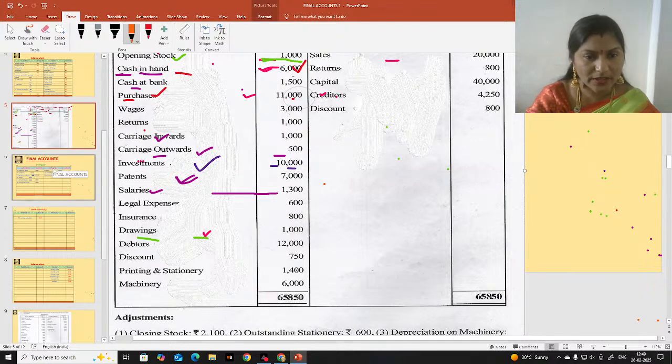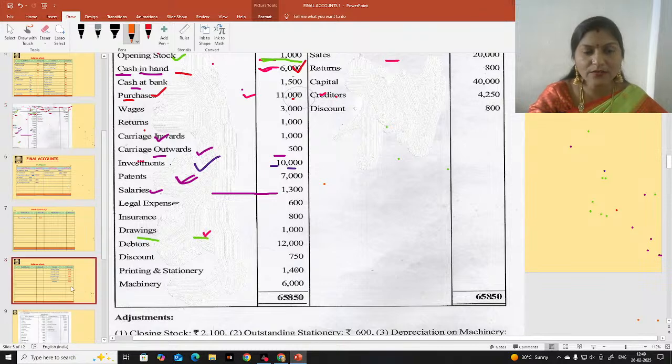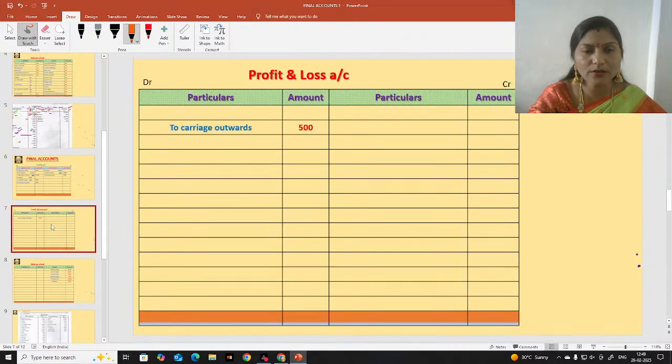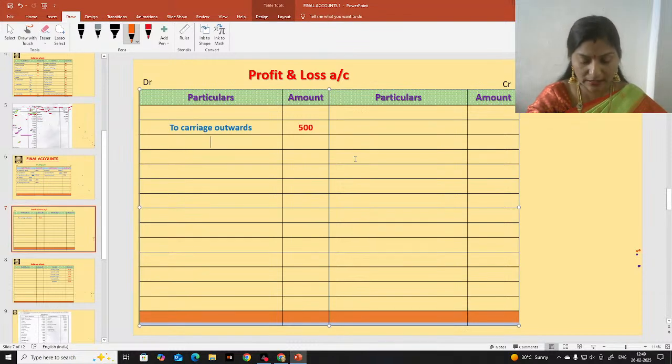So where do we write salaries, students? In the profit and loss account, debit side. Just now we recorded patents, and now we are going to record salaries. Always salaries go in the profit and loss account, debit side only. We don't have any adjustments, so we will record the salary amount in the amount column directly.